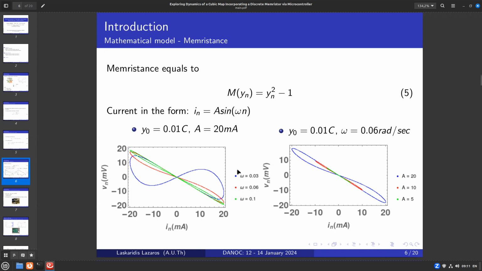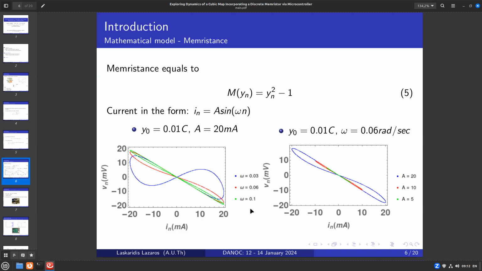So in the left diagram, we see that for y0 equals 0.01 coulomb and an amplitude of 20 milliampere, we have the characteristic curve of the Memristor for 3 different frequencies, and we observe that as the frequency increases, going from the blue characteristic curve to the green characteristic curve, the curve tends to be a straight line, and this confirms the characteristic curve of the Memristor.